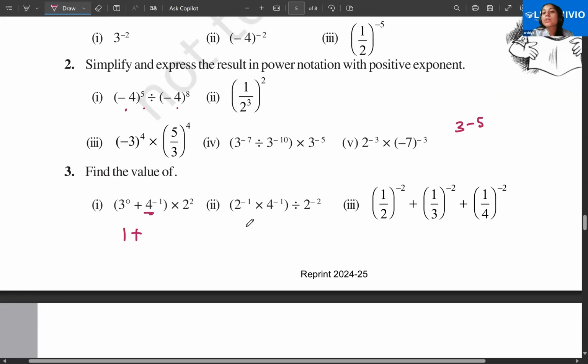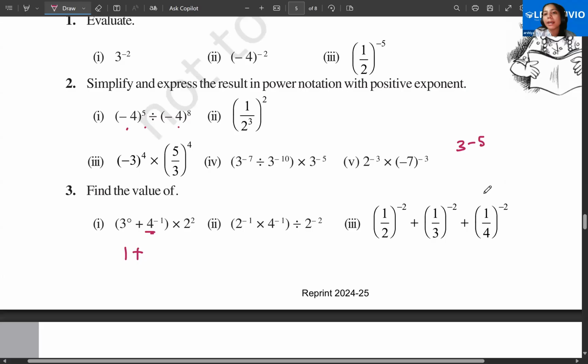No. When this was 3 raised to the power of minus 5, what did we do? We did 1 by 3 raised to the power of 5, right? We reciprocated this number. So 4 raised to the power of minus 1, we do 1 by 4. This is the law. If the power is negative, you reciprocate the number, right? Yes, ma'am. Now, multiplied by 2 square.